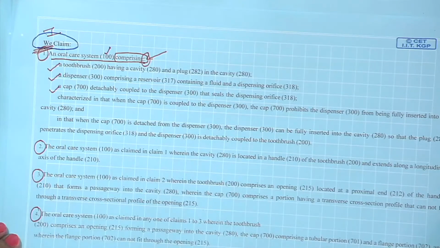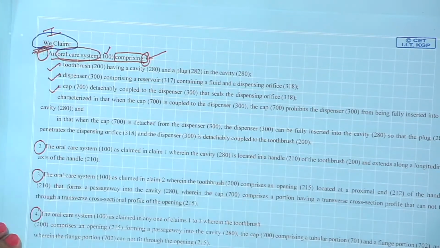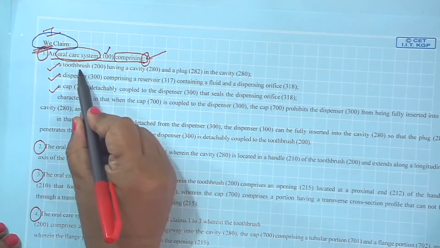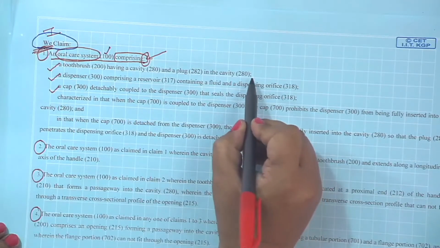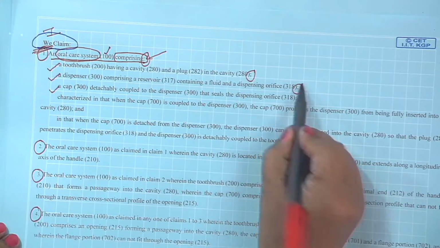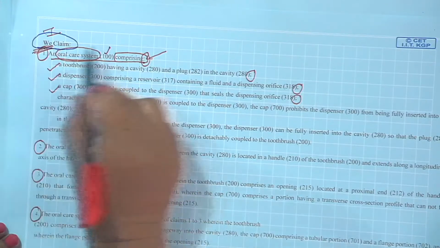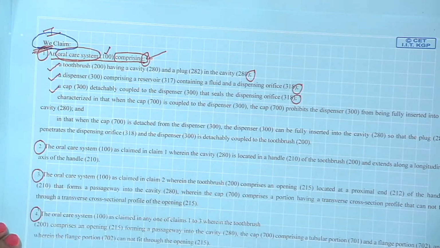So, it lists the different parts of that oral care system, and each element here is separated by a semicolon. In this way, this is the first claim drafted.